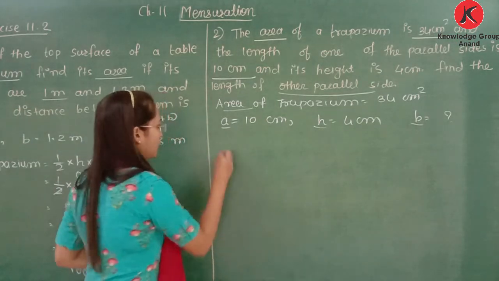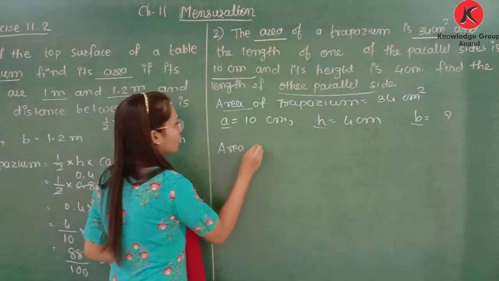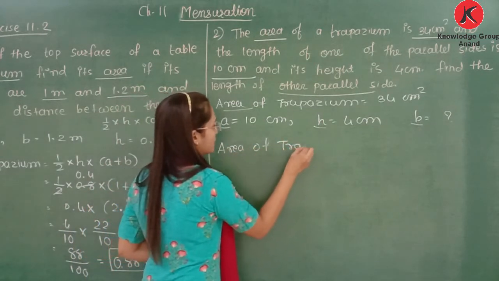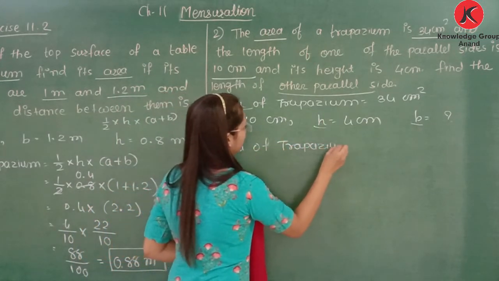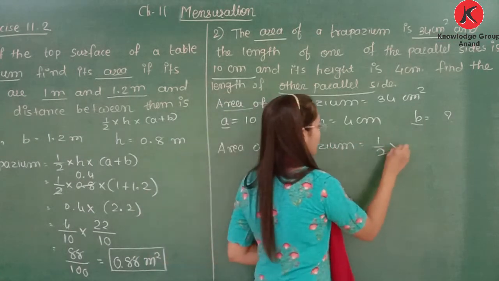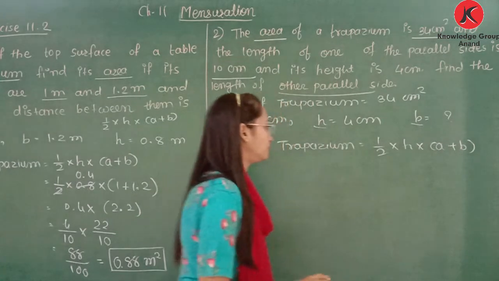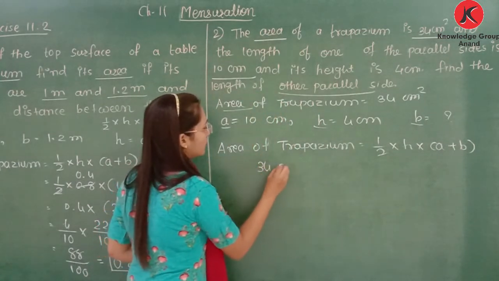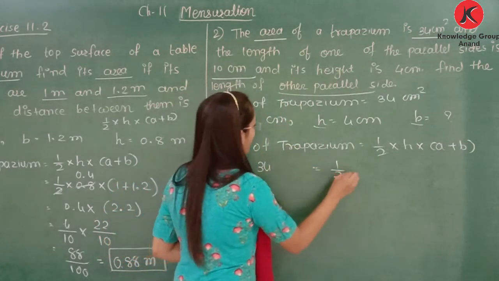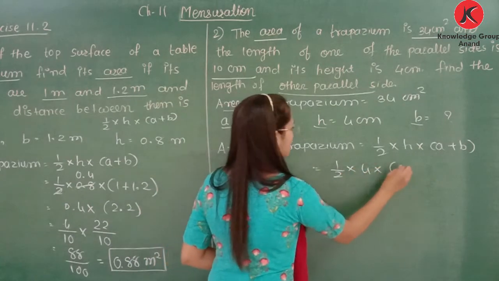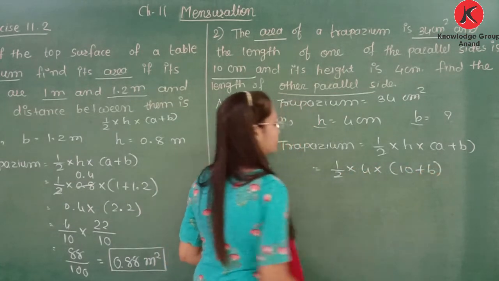So here the equation is area of trapezium, that is 1 by 2 multiply height multiply a plus b. Area is given 34 cm square, height is given 4 and a is given 10. We need to find b.